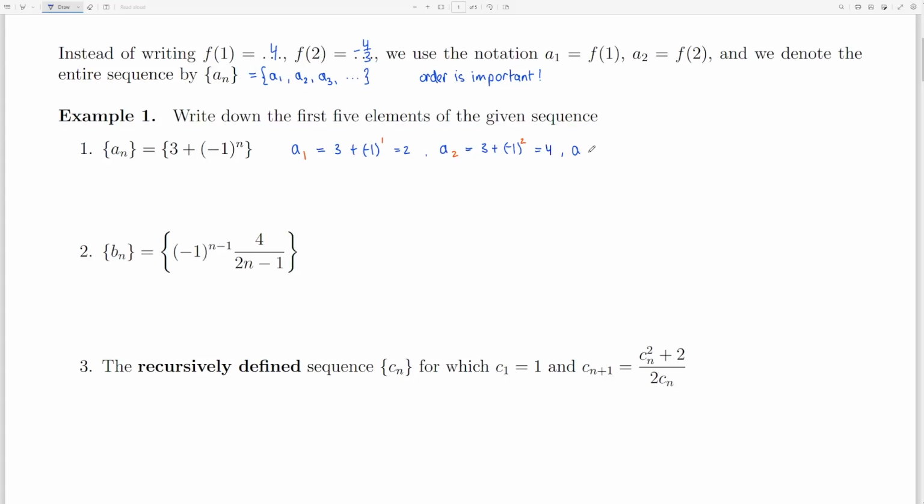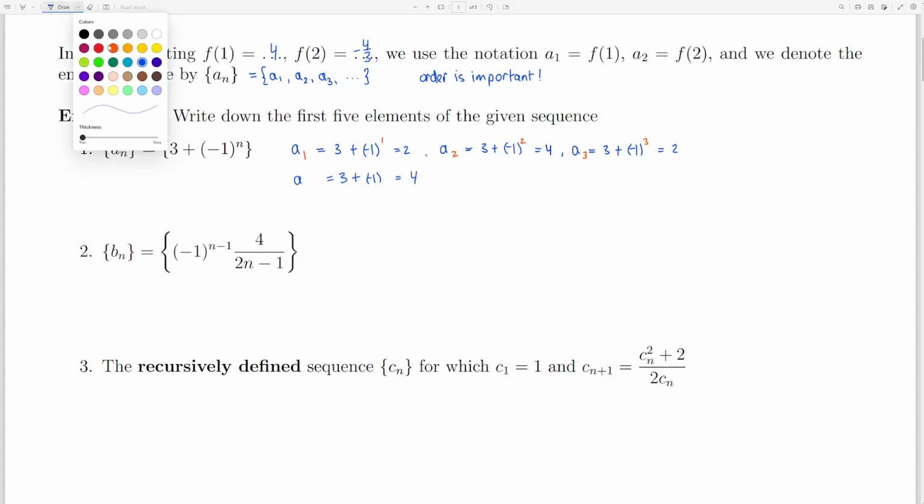Then a sub 3 is equal to 3 plus negative 1 to the power 3, and that is equal to 2. Two more to go. a sub 4 is equal to 3 plus negative 1 to the power 4, and that gives us 4. And then finally, a sub 5 is equal to 3 plus negative 1 to the power 5, and that's 3 minus 1, so that gives us 2.